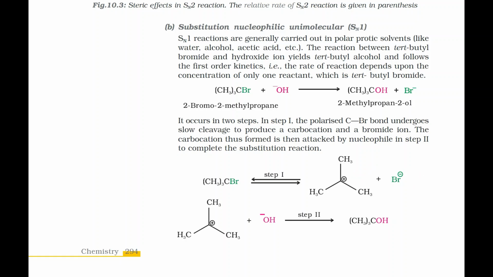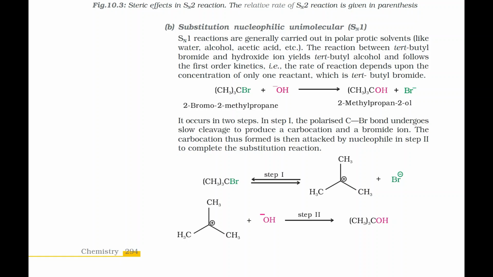The carbon-bromine bond should break. So the cleavage of the carbon-halide bond is important for the substitution nucleophilic unimolecular reaction. Whichever compounds are able to cleave the bond between C and Br will easily participate in SN1 reactions.